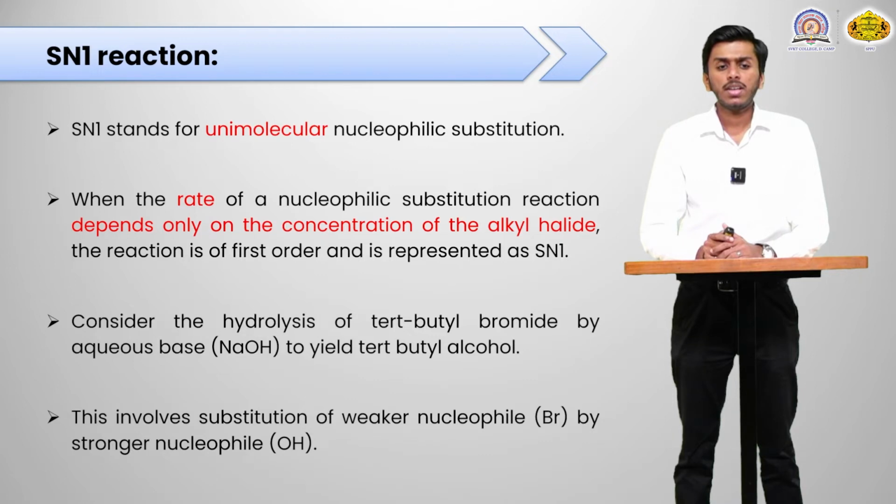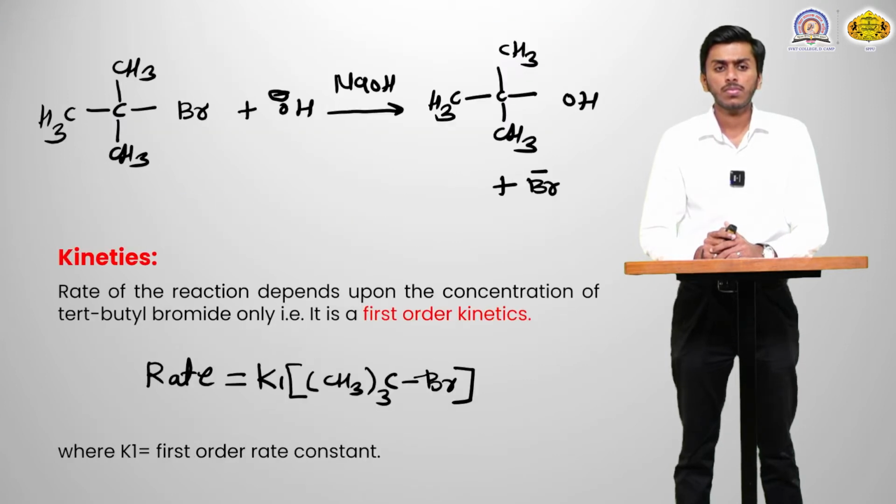The example in this category is the hydrolysis of tertiary butyl bromide by an aqueous base such as NaOH or KOH to yield tertiary butyl alcohol. This involves the substitution of the weaker nucleophile bromide by a stronger nucleophile hydroxide. We see the corresponding reaction in the image given below.